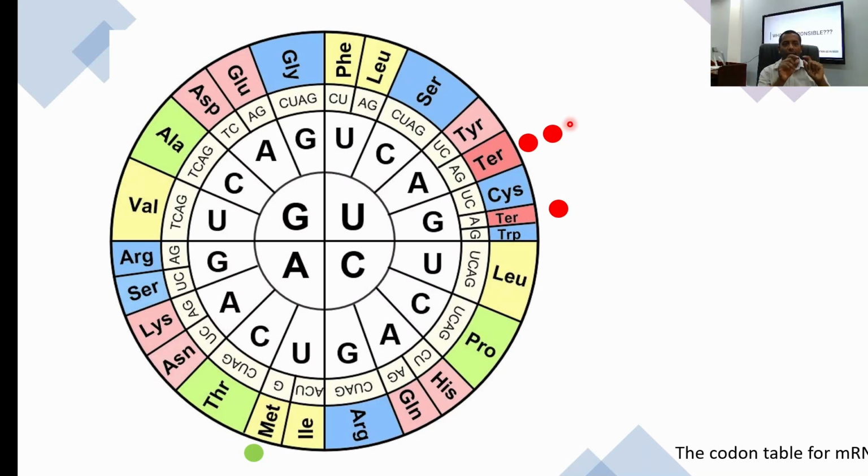So, in our mRNA strand at the very end we have this stop codon. Any of these 3 stop codons, either UAA, UAG or UGA, in the mRNA strand at the 3' end, so that the ribosome knows, okay, this is the end of the coding region.